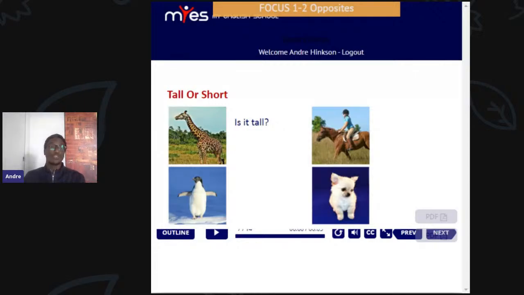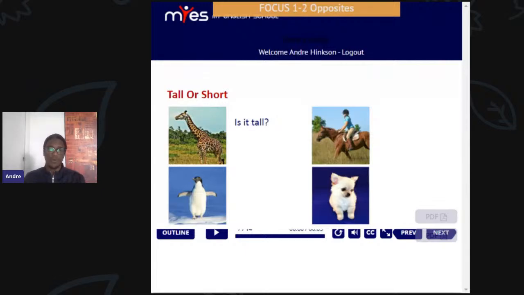So normally giraffes can see from very far. So of course, they can either be tall or they can be short. In this case, a giraffe is tall. So we give an affirmative or positive answer. So is it tall? Yes, it is.